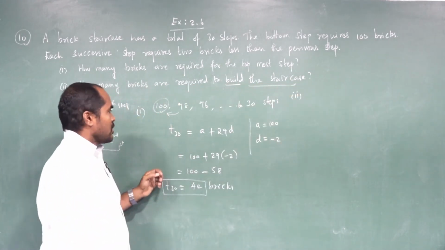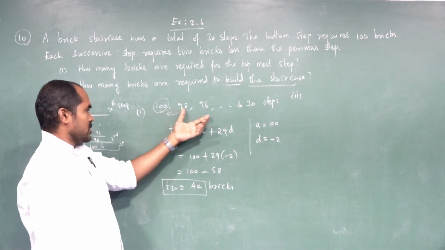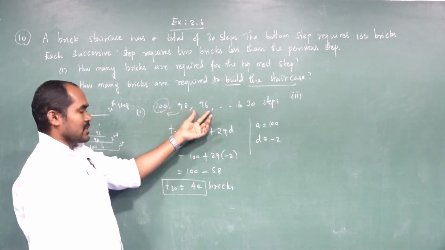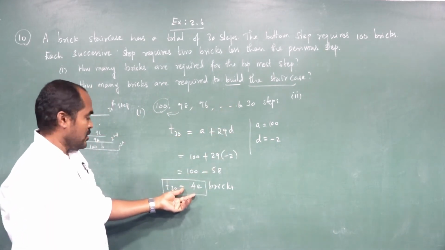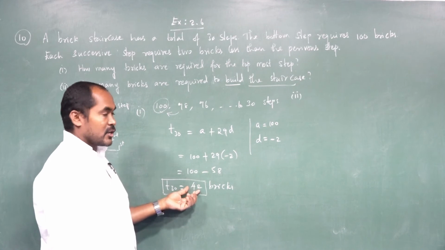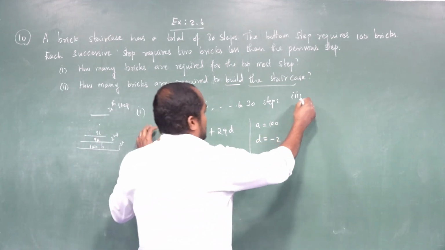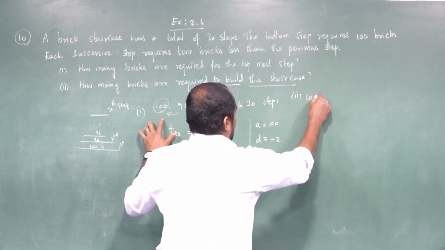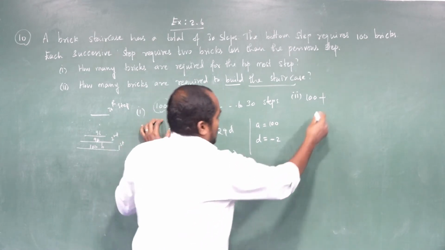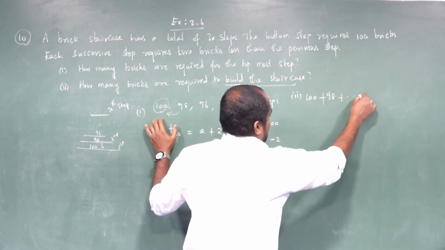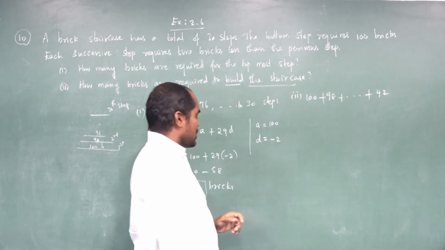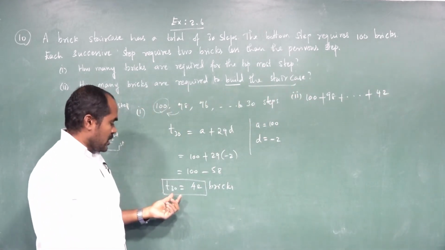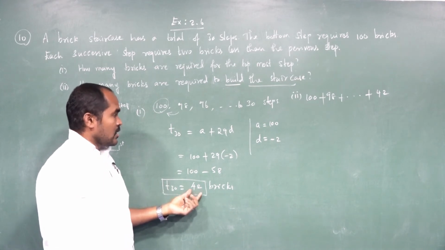That means you want to add this series 100 plus 98 plus 96 etc. up to 42, because the 30th step contains 42 bricks, right?